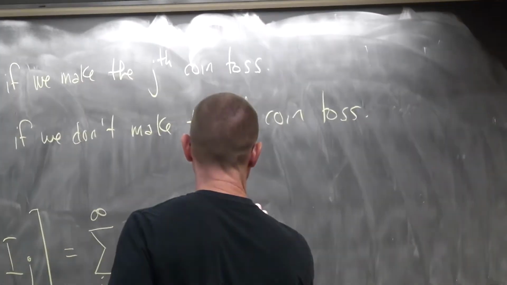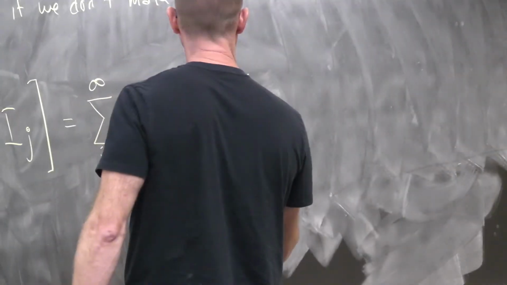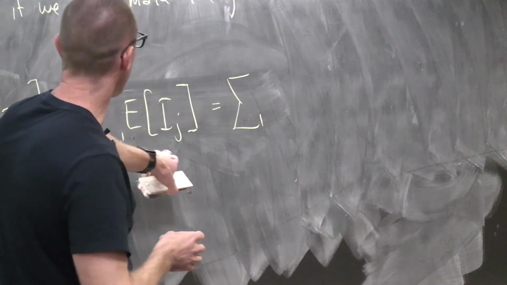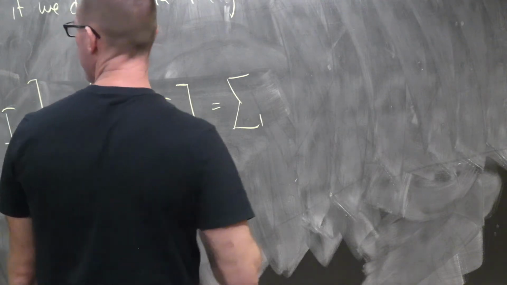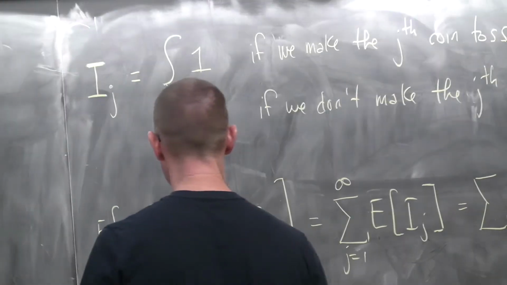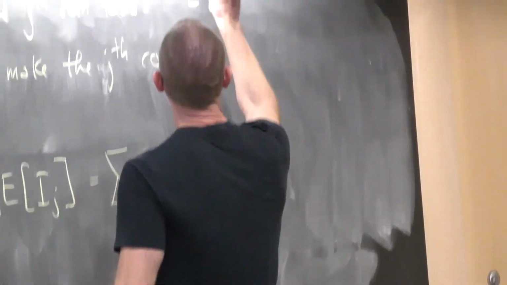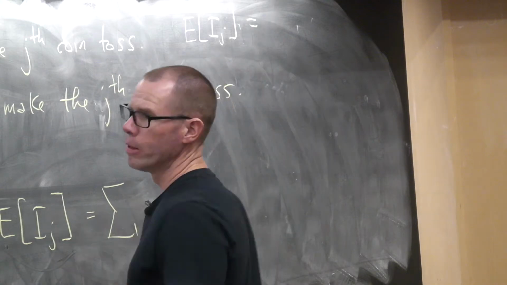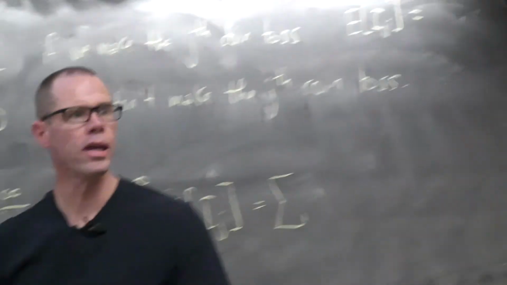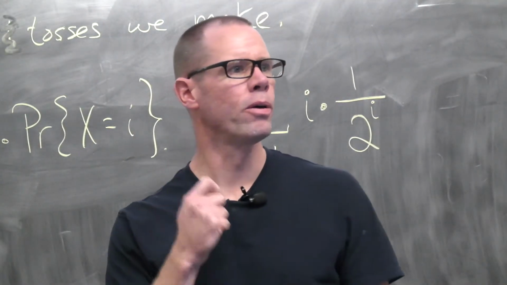Now we would like to know what these things are. What is the expected value of I sub j? What do we need to know if we want to know the expected value of I sub j? I sub j is an indicator random variable, so there's only one piece of information we need.